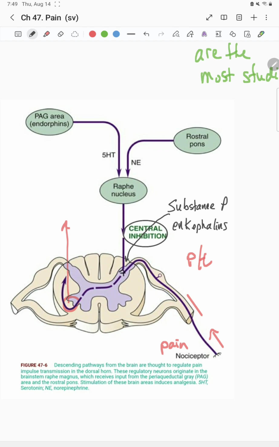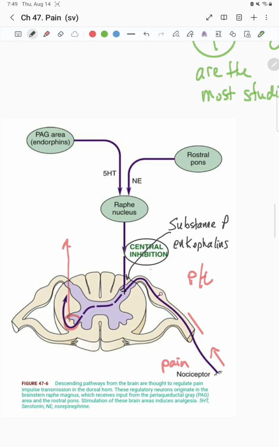Okay, this goes back to pain modulation. Okay, now this is the end product.